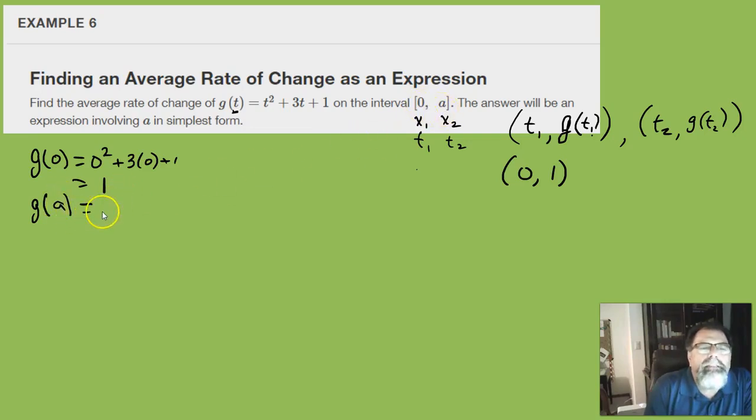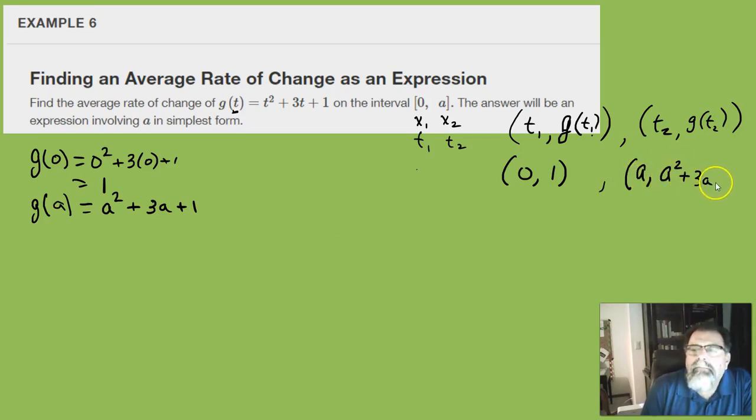And then for point 2, we're just plugging in a for t. So take all the t's out and put in a's. Simplify it if you can. Okay, there's nothing to simplify. So for point 2, it's going to be a squared plus 3a plus 1. Now we're going to find the slope between these 2 points.